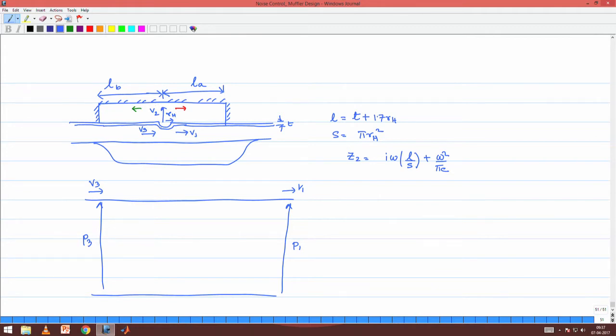Exactly because of the hole there is a bypass line which is created, right, and that bypass line definitely has an impedance of Z2, which is given by i omega L by S plus omega square pi by C, right.